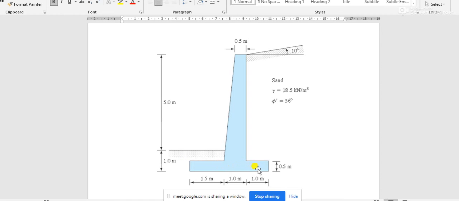The base slab has thickness 0.5 and base width 3.5 meter. Okay, there is one part of soil, a rectangular soil part, the width of this one is 1 meter and height is 5 meter. One triangular part, the base of the triangle is 1 meter, and the height of the triangle you have to calculate with this 10-degree angle.